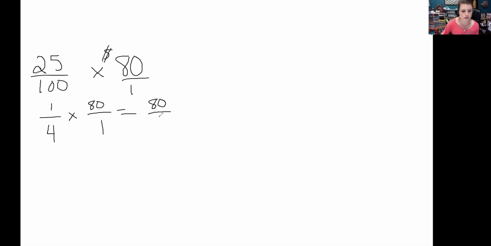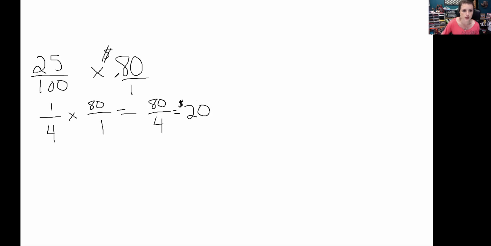The line here is a division operation, or you can think of it as an improper fraction. 80 divided by 4 gives me 20. So that would be $20.